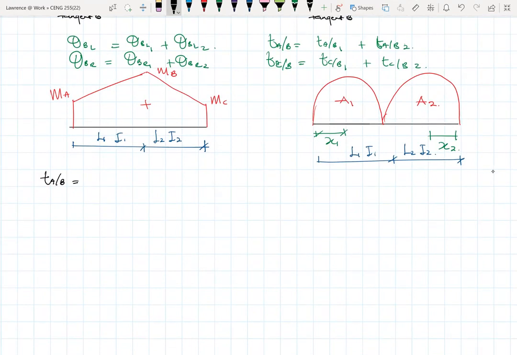TAB is the moment of the M over EI diagram.